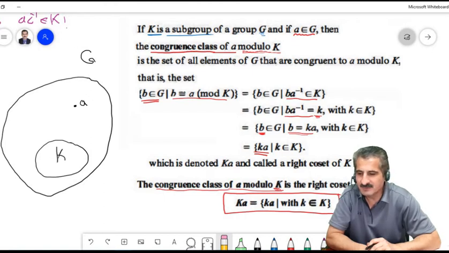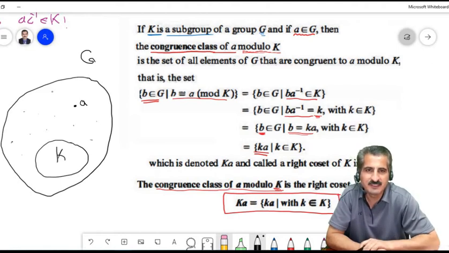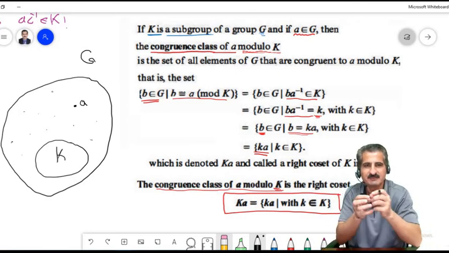Now, let's choose an element from outside K, and now I want to make a sketch for the equivalence class of A. So I will take elements in the group. One of them might be here, some other here, some other there, and each one of these is congruent to A modulo K, and we have seen that means each one of them equals an element from K times A, correct? So let me collect these elements together.